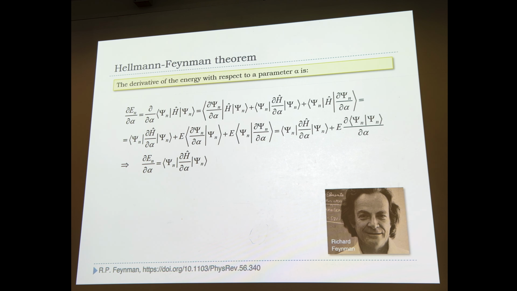Ground state, excited state, doesn't matter. So if we are differentiating the energy with respect to some parameter, we are differentiating this expectation value. And of course, both the Hamiltonian and the wave function can depend on that parameter. So we have a product of three things here that depend on the parameter.